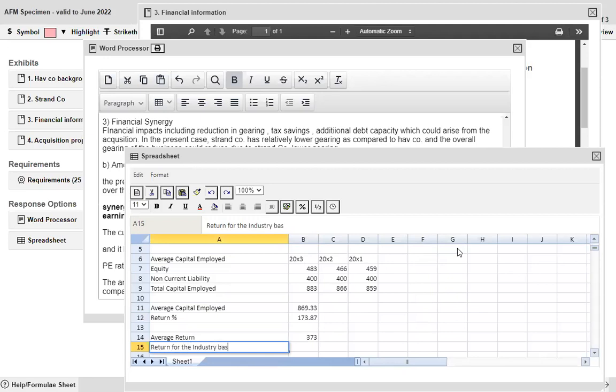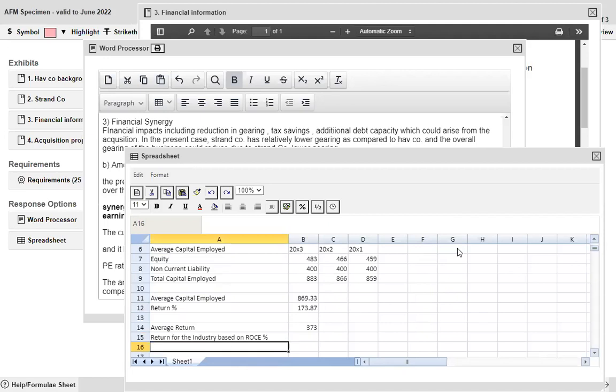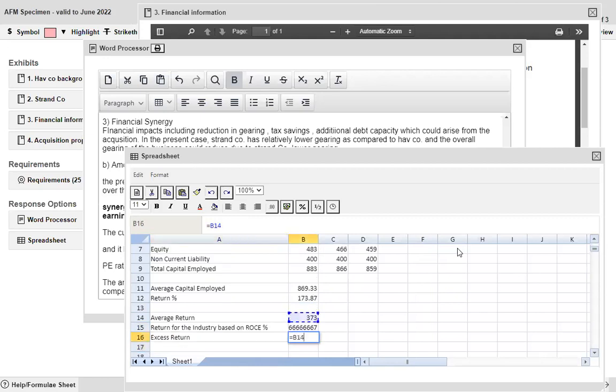The return for the industry based on ROC percentage is this. The excess return is this. The excess return is this.